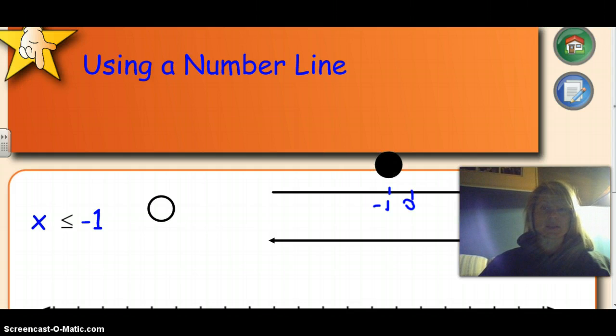And then we can take a line, and we know it's going to go down that way, because those numbers are getting smaller and smaller, right? Because that's going to be -2 and -3 and so on. And if you're not sure, pick any of those numbers and put them in. If I put in -6, is -6 less than or equal to -1? Sure is.